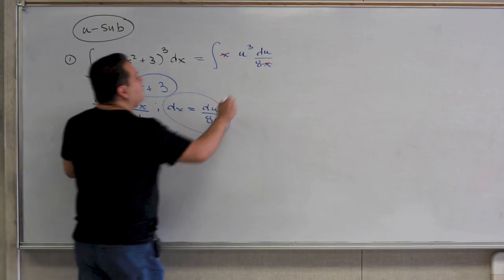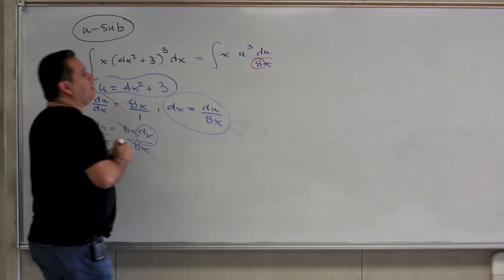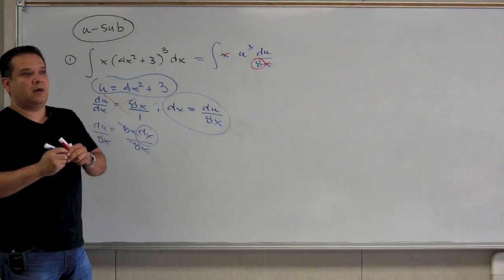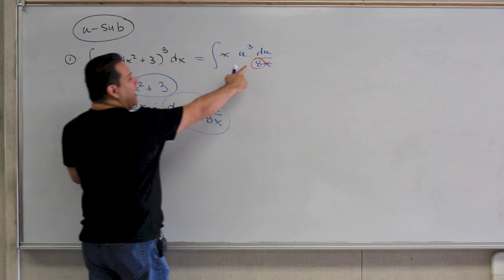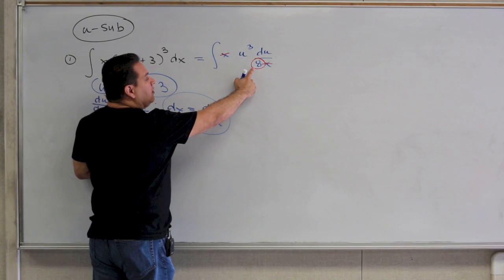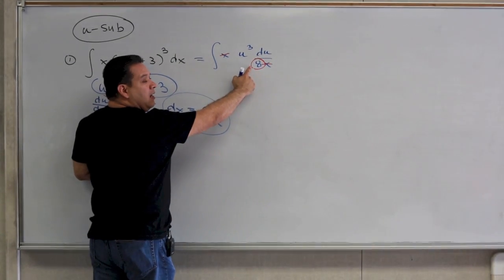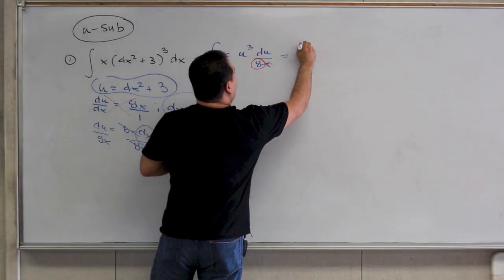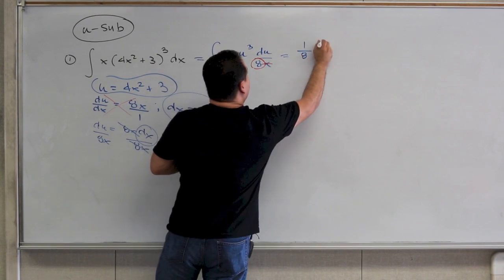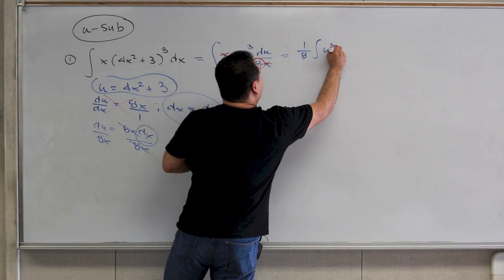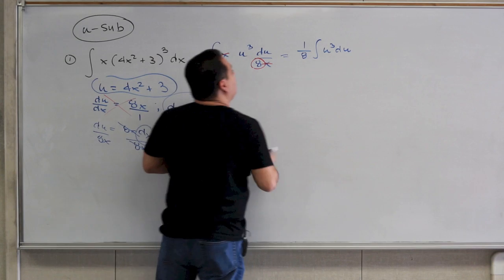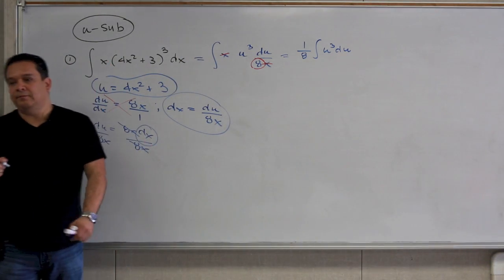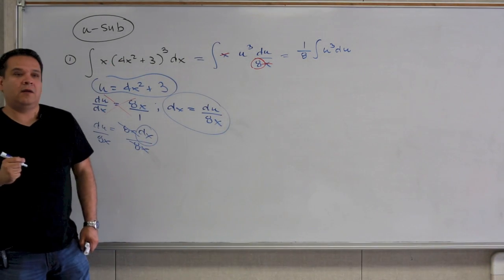That 8 is a denominator, maybe 1/8 if you want to think of it, but it's a constant. So what could you do with constants? You can pull them out. So it's going to be 1/8 integral of U to the third du. Okay, you guys okay with that?